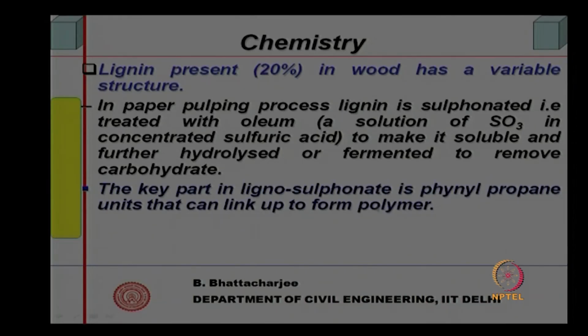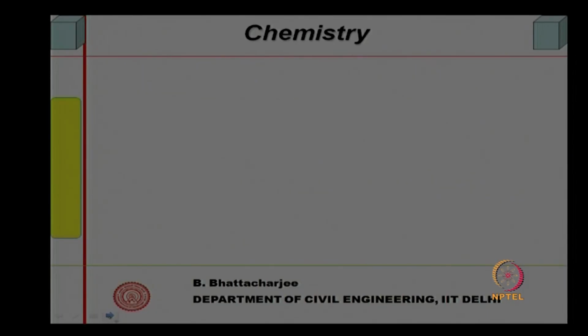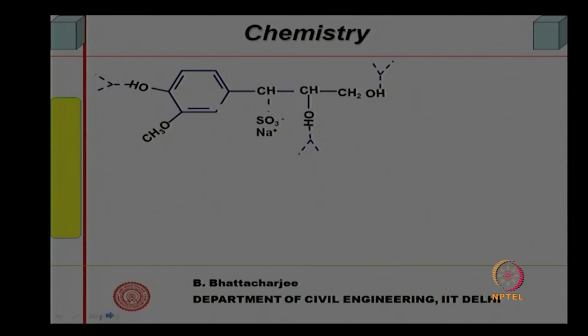The key part in lignosulfonate is the phenyl propane units that can link up to form a polymer. Chemically, phenyl propane is a unit which can polymerize, and that polymer is the key part responsible for the plasticizing effect. Now, the phenyl propane looks like this.